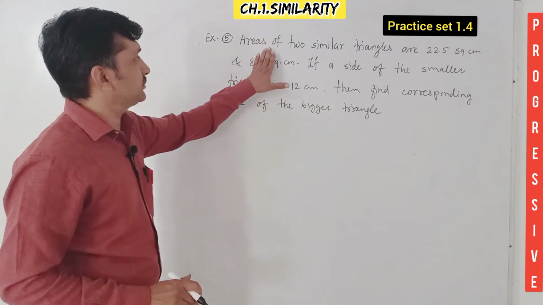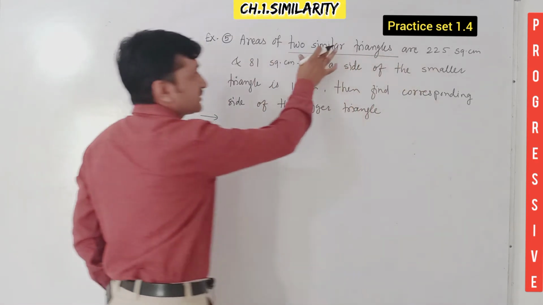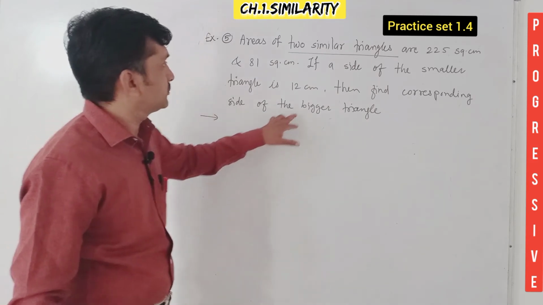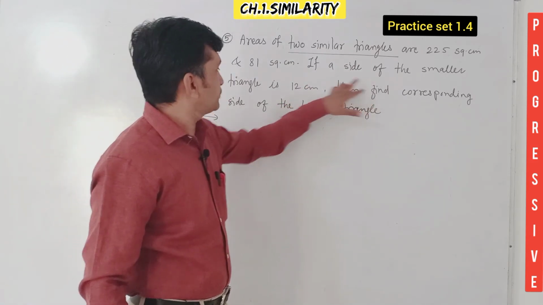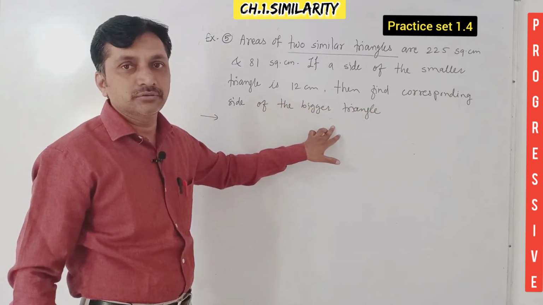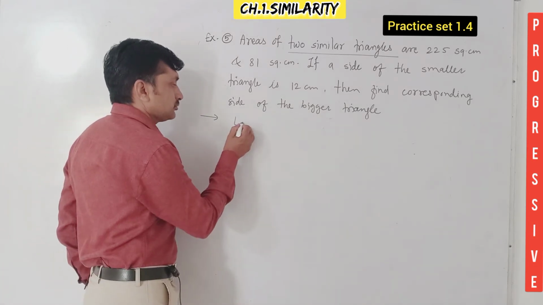In this example, areas of two similar triangles are given, and these two triangles are similar. Their names are not given. The side of the smaller triangle is 12. Find the corresponding side of the bigger triangle. Then let's consider two triangles.